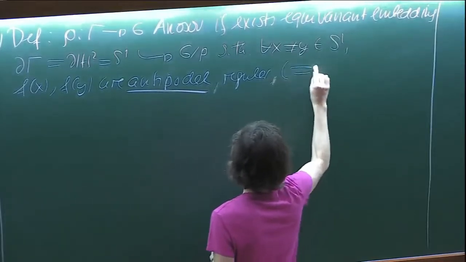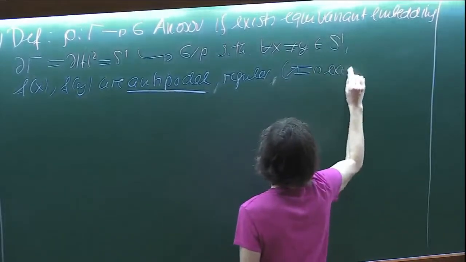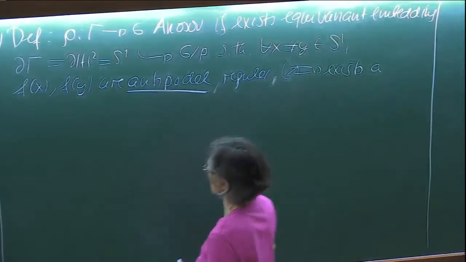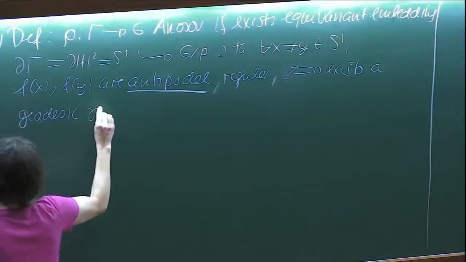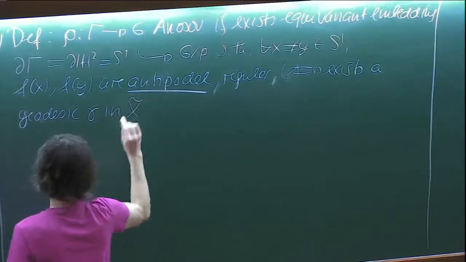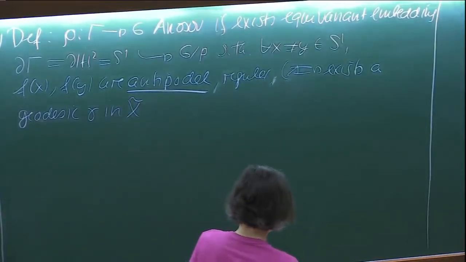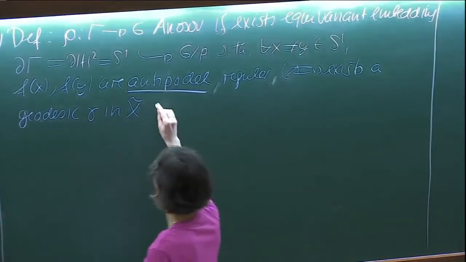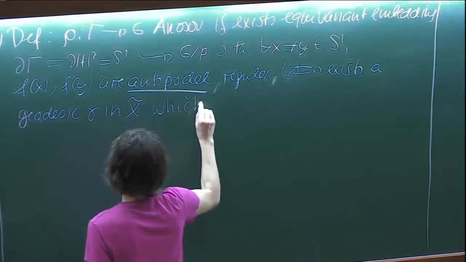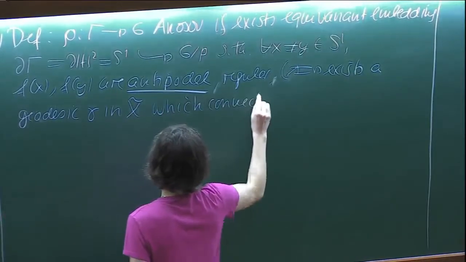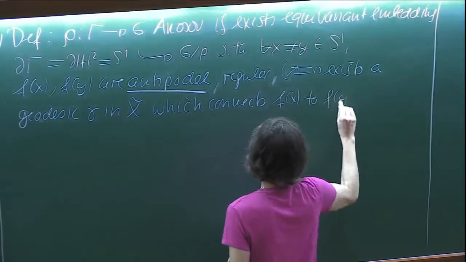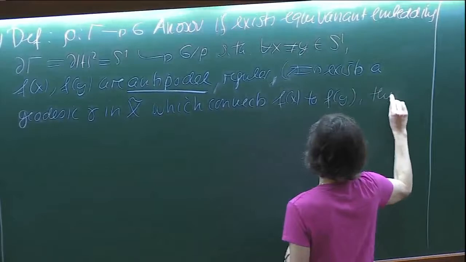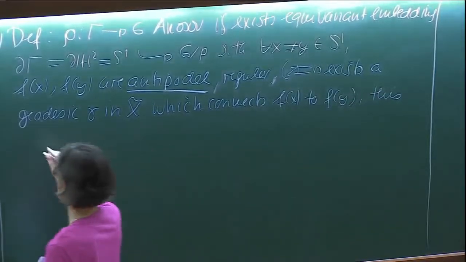By definition, this means that there exists a geodesic gamma in the symmetric space X twiddle which connects f of x to f of y, and this is a regular geodesic.